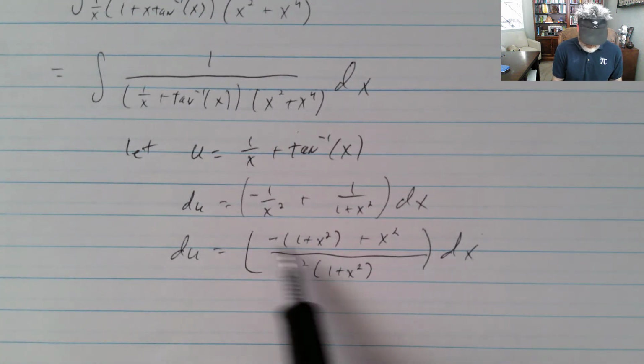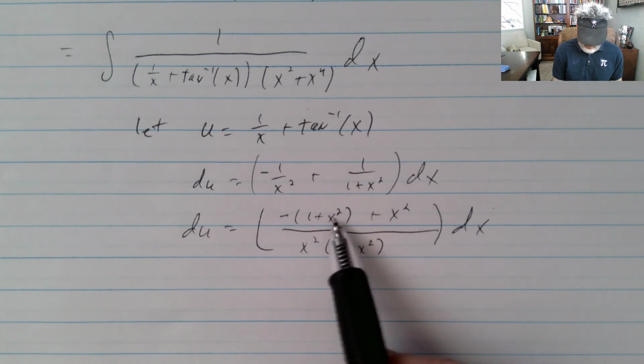And then if you distribute, you just get negative 1. The x squareds will cancel.